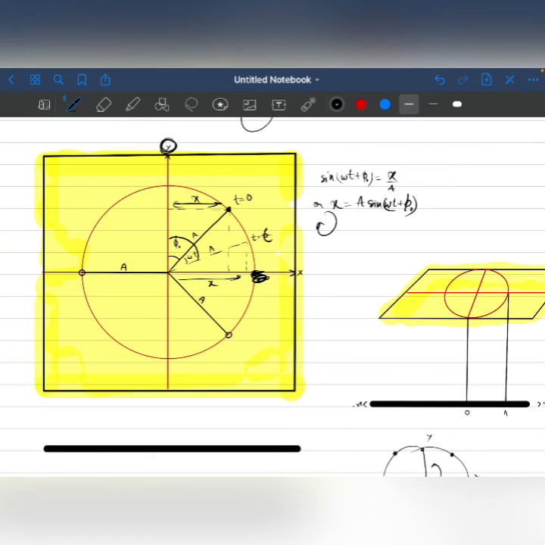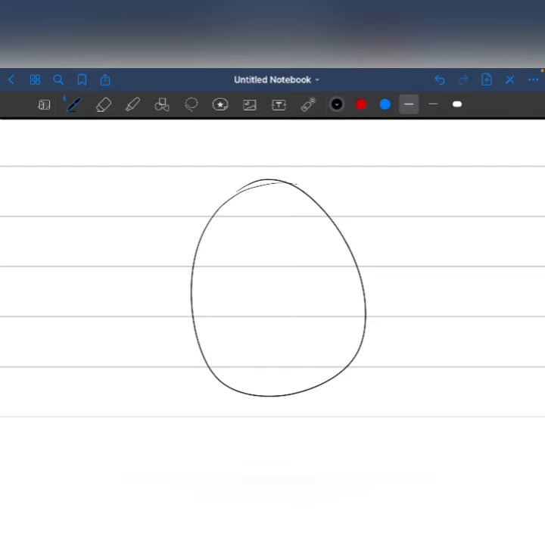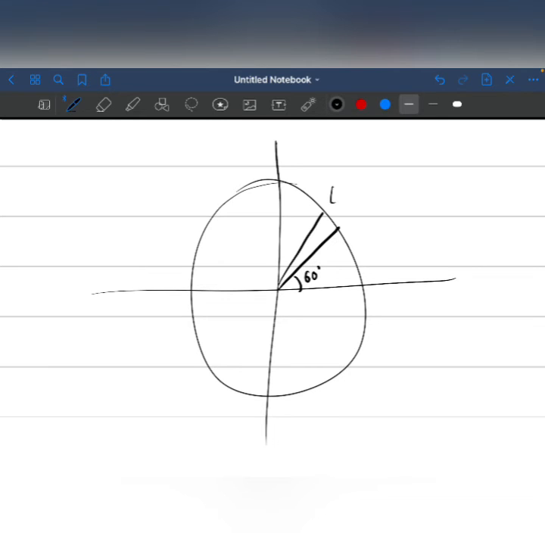So if you are in doubt and you cannot understand, I will just do this and you will get all the answers. Okay, so you have this circle, you have the x and y axis, and they are saying that this is say 60 degrees, and then at t equals t they are going omega t, and they will just say that the speed is omega, they will not write the omega t.